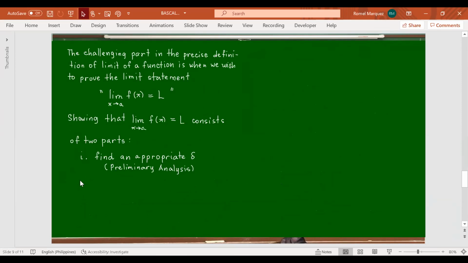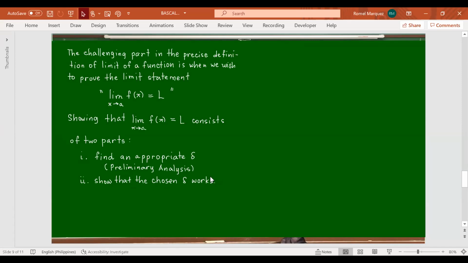And then the second part that you're going to do, you have to show that the chosen delta works. Okay? So basically, you're going to express delta in terms of epsilon.